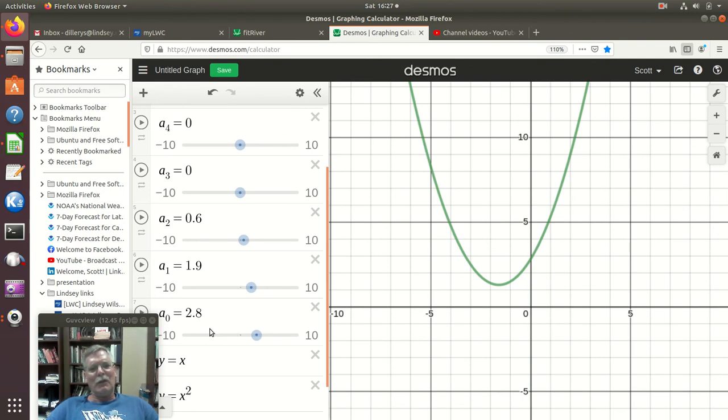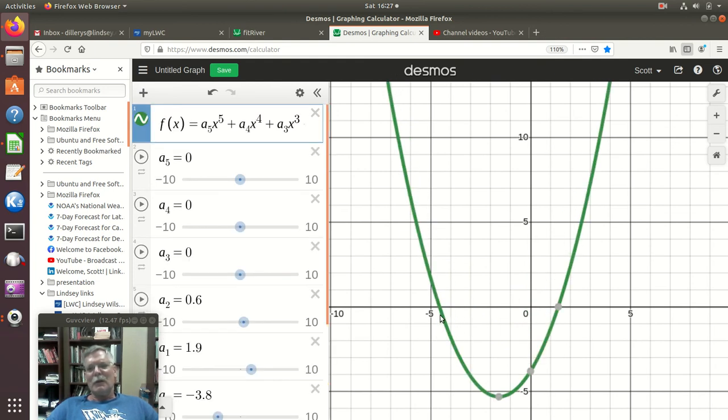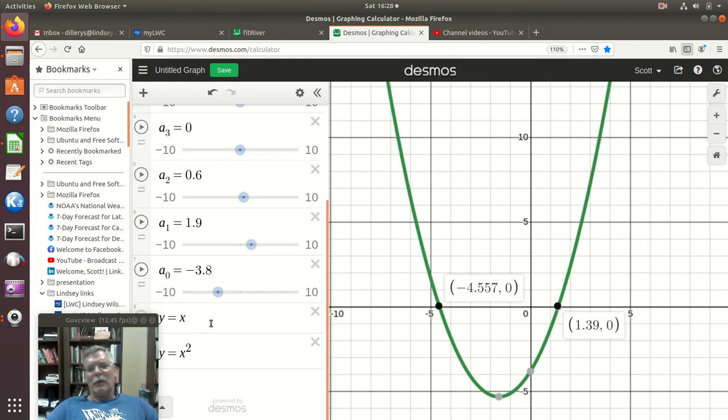And I can do that simply by taking a0 here, making it negative, and right, there's a 0, and there's a 0. This is a quadratic. And remember that to make a quadratic, if it has zeros, I can factor it.